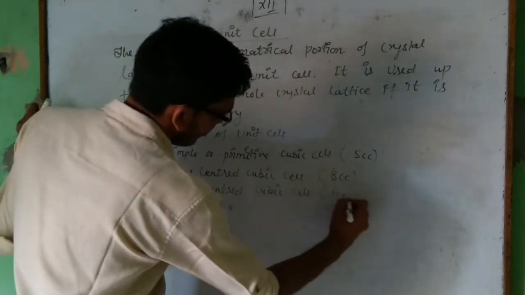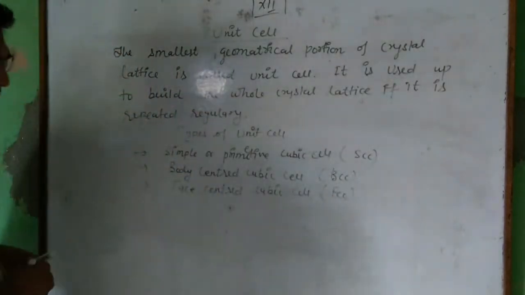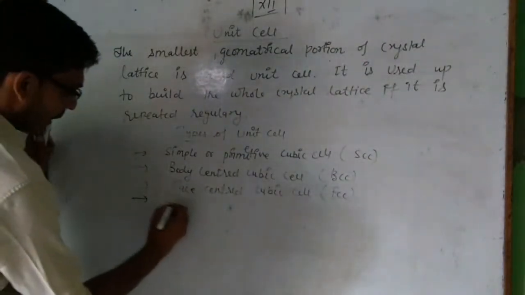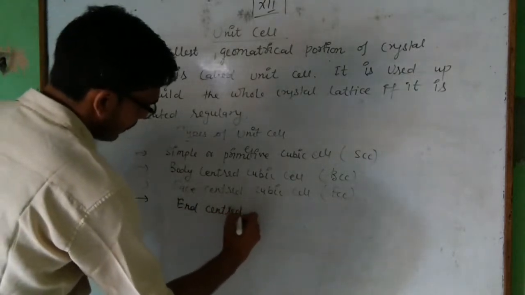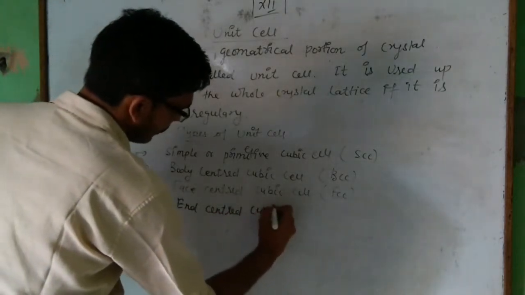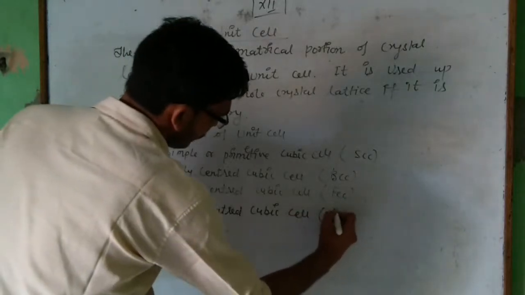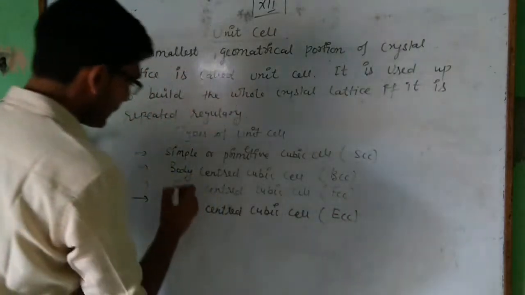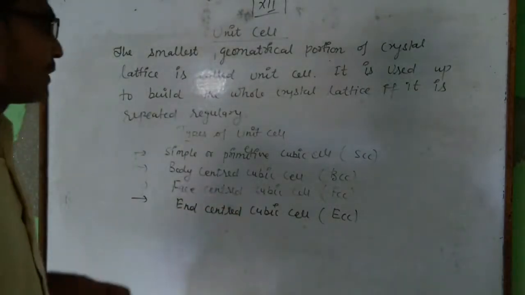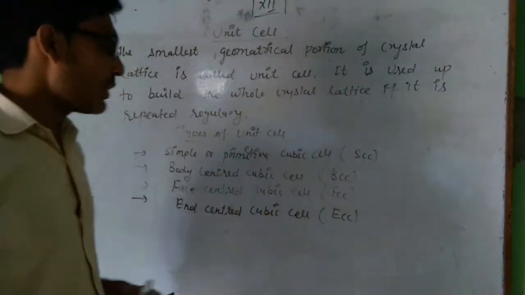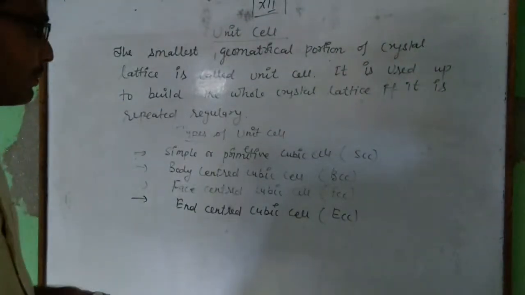In short, you can write FCC. And the fourth one is end centered cubic cell, or you can write in short ECC. So all these are the four types of unit cells which are going to be discussed in detail.